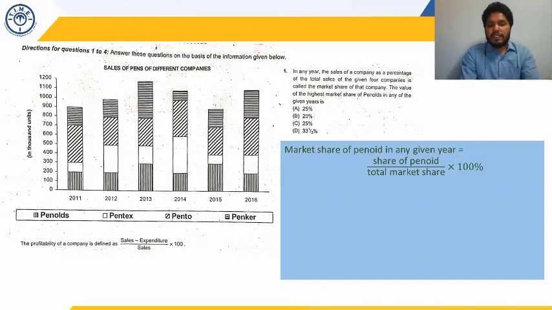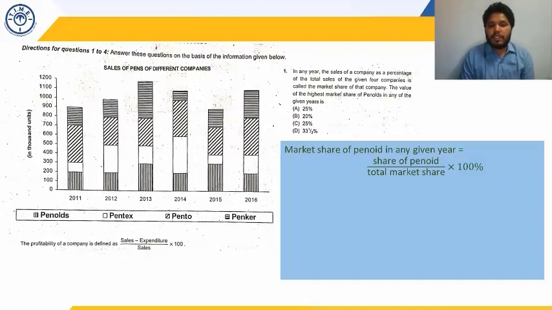So we can say for 2011, 2012, 2014 and 2016, numerator is same for these years, but denominator is changing, and denominator is minimum in case of 2011. So if denominator is minimum in case of 2011, then I can say the market share of Panoid is going to be highest in case of 2011.